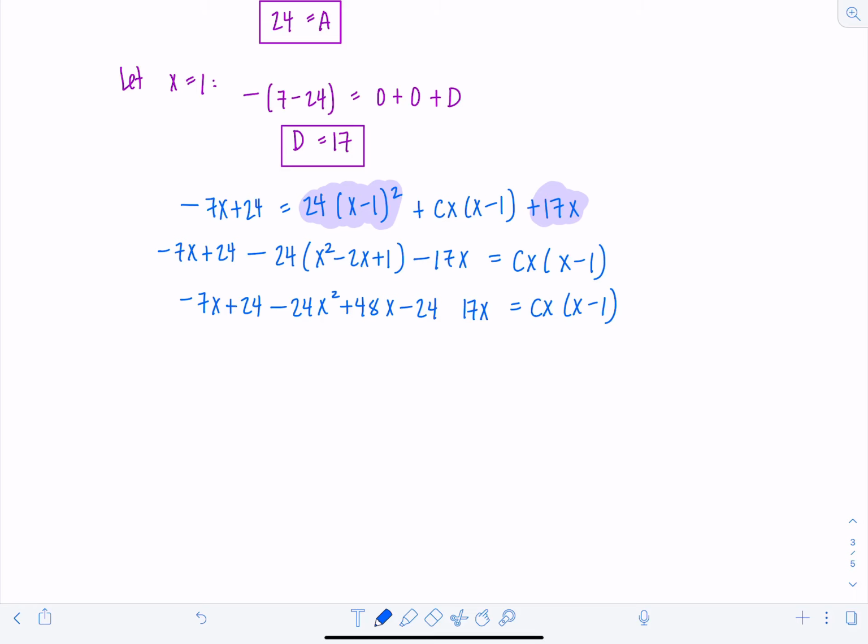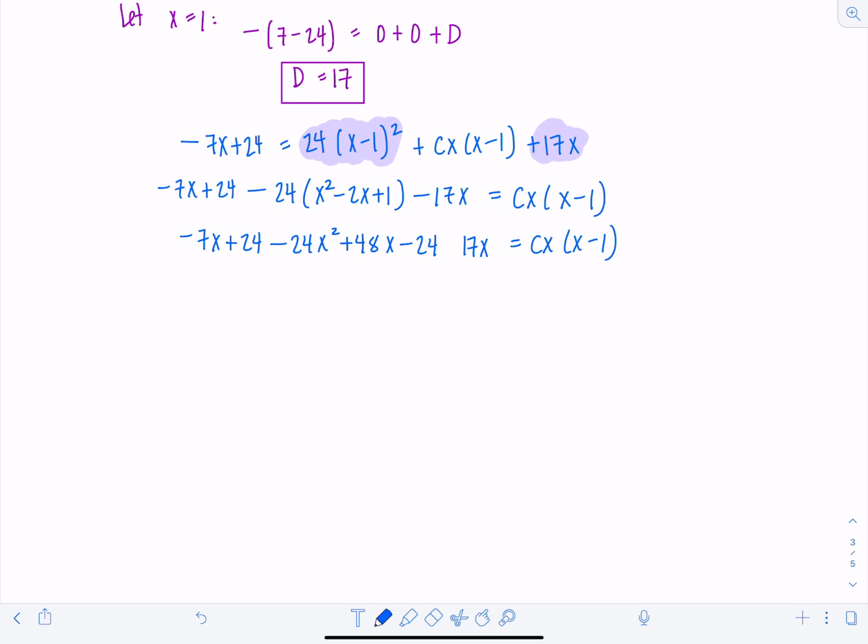And then let's see here, what's going to cancel out so much stuff? This is fabulous. So the 24 is gone. Then I have a negative 7x and a negative 17x, and then here is the only x squared, so negative 24x squared.